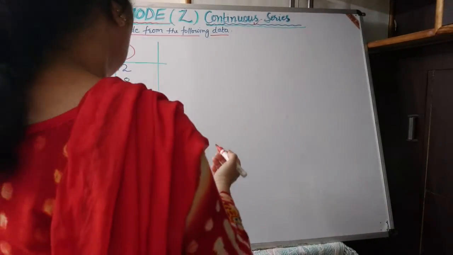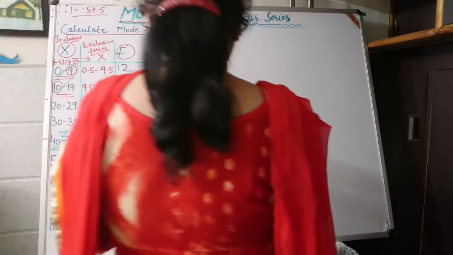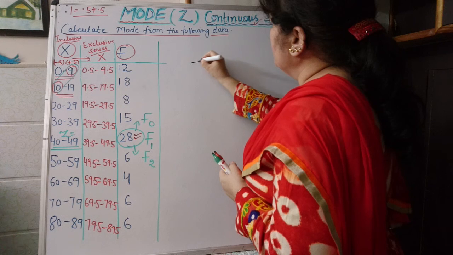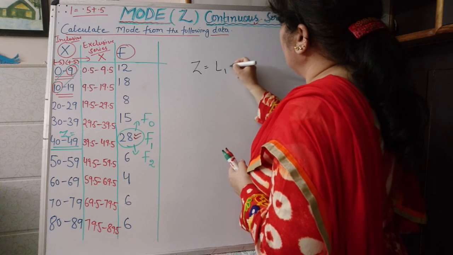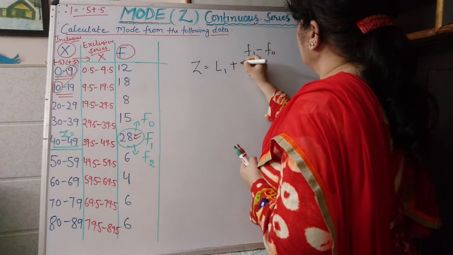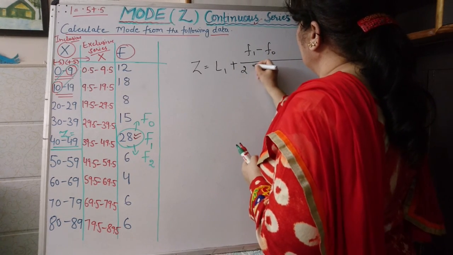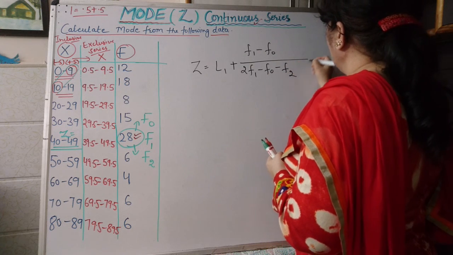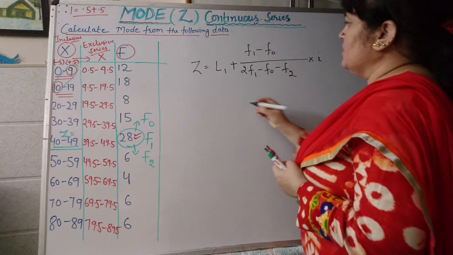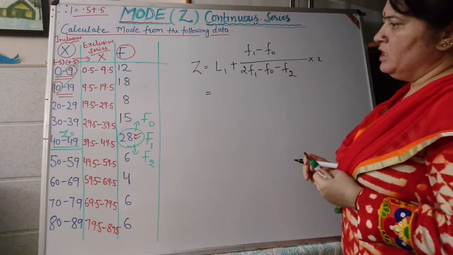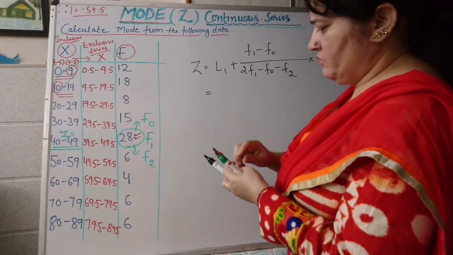Now let us write down the formula for the calculation of mode in a continuous series. Z is equal to L1 plus (F1 minus F0) divided by (2 F1 minus F0 minus F2) multiplied by the common class interval. So mode is equal to, what is the lower limit?